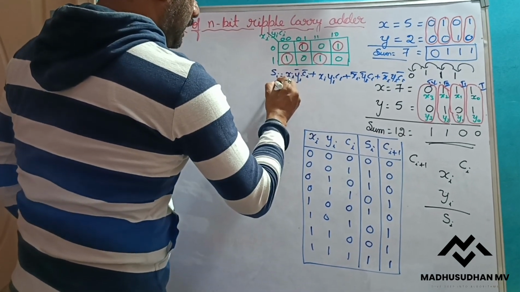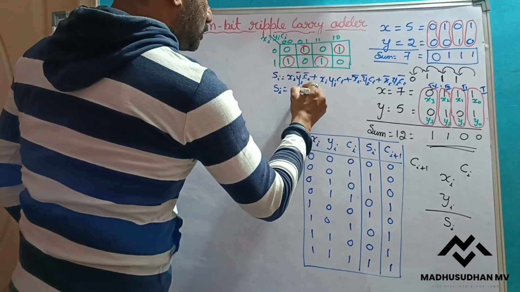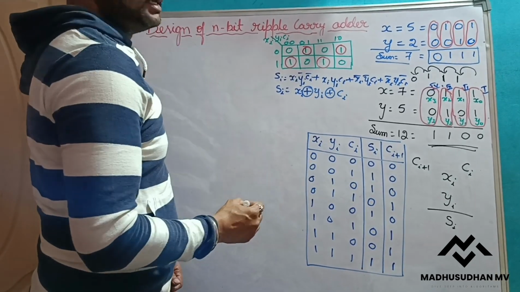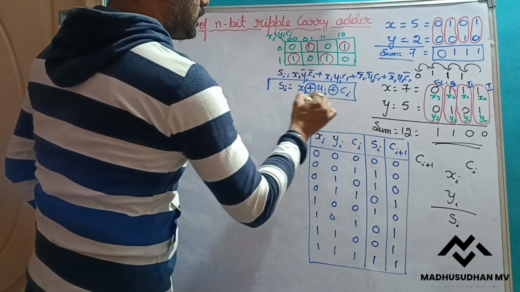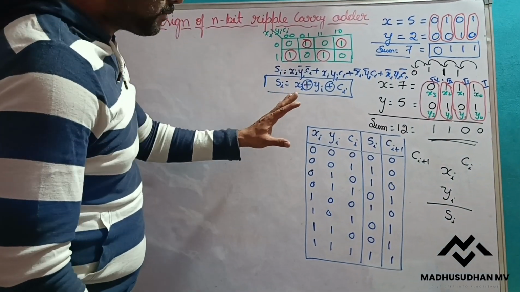This can be written as Si equals Xi exclusive OR Yi exclusive OR Ci. This is my equation for the sum bit.